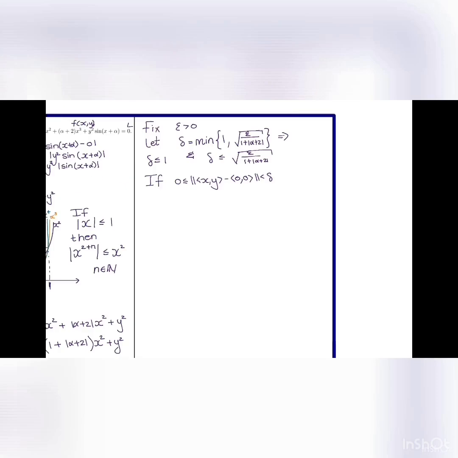So if this norm is less than delta, does it ensure that the absolute value of x is less than or equal to 1? Because if it is, then I can use all of this. If it doesn't, then I cannot use all of this.